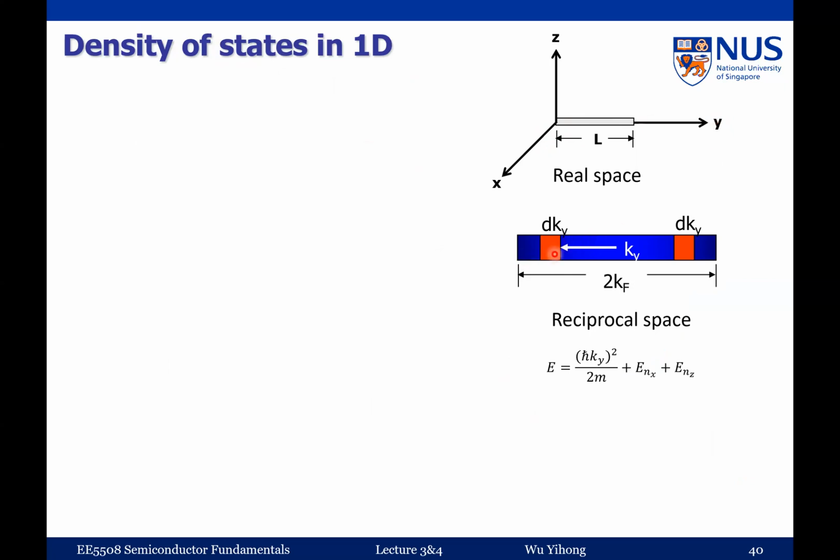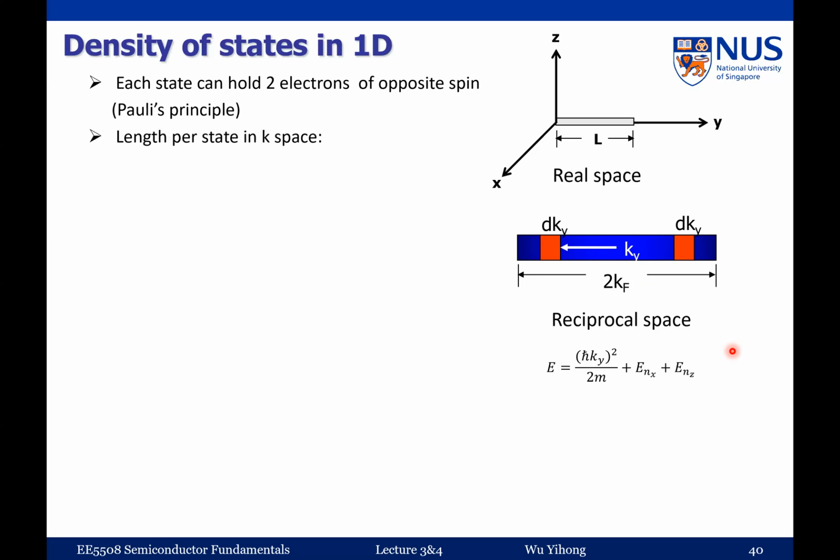So of course, the reciprocal space is also 1D, and one electron in this 1D space will occupy this small interval. That interval basically is 2 pi over L, right? And then we look at the small 1D interval in the K space. Basically, it's from here to here. So this is Ky, and from here to here will be 2Ky, right?